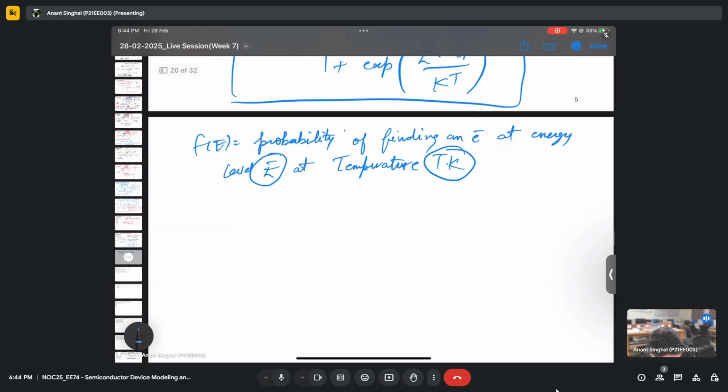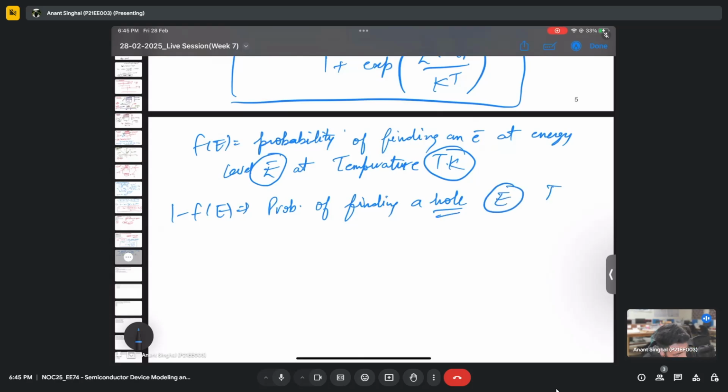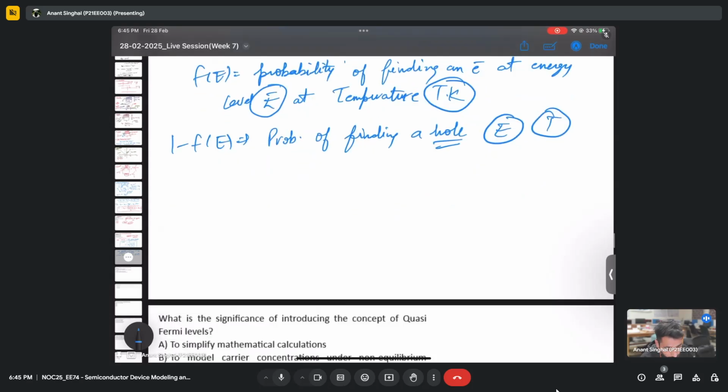Similarly, 1 minus Fe tells you the probability of finding what? If Fe is the probability of finding electrons, then 1 minus Fe is the probability of finding a hole at energy level E and temperature T. EF is again the Fermi energy level that we are using in a lot of numericals now, T is the temperature, and k is the Boltzmann constant.